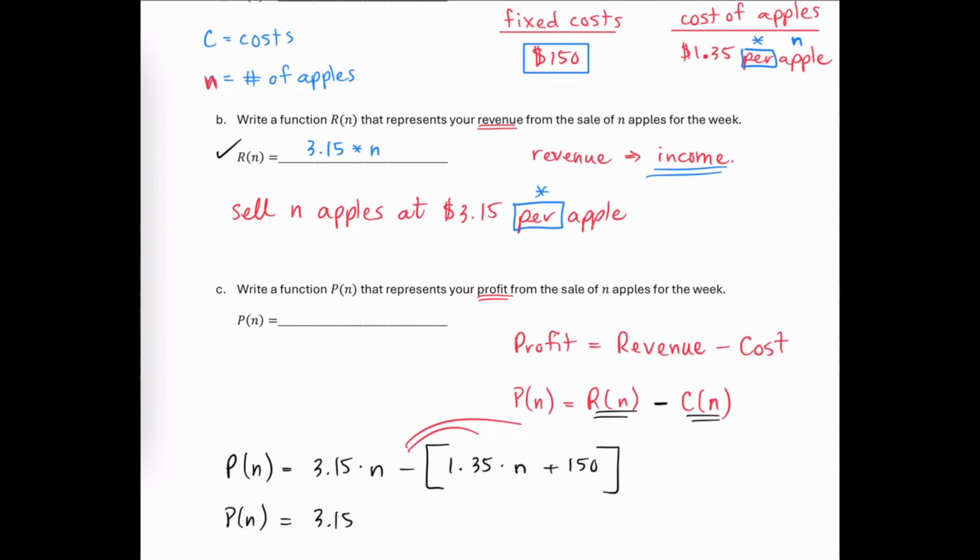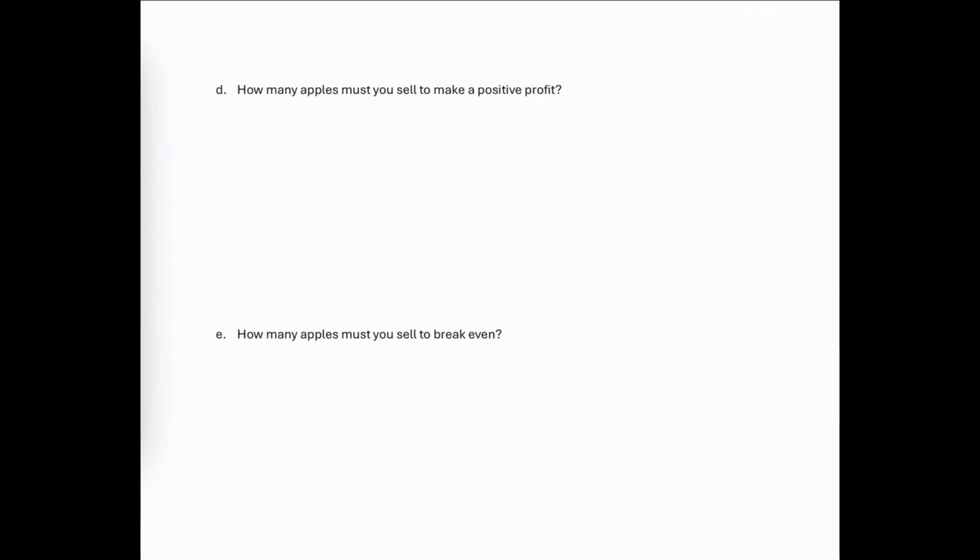We have 3.15n minus 1.35n minus 150. Now we combine like terms. 3.15 minus 1.35 is 1.8n minus 150. And this is going to be our profit function, 1.8n minus 150, which is now the answer to part C. Part D says, how many apples must you sell to make a positive profit?